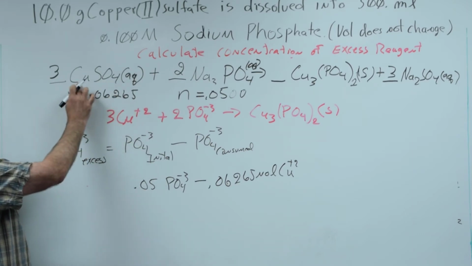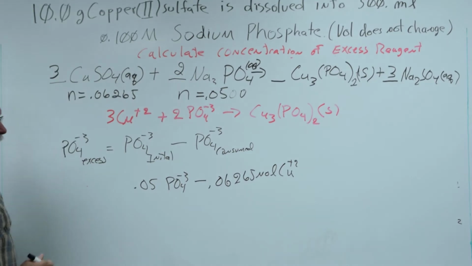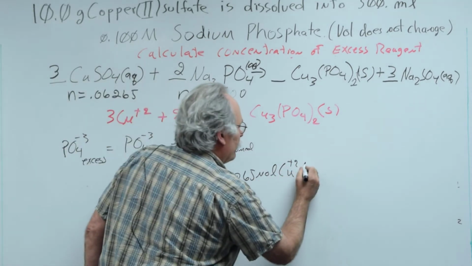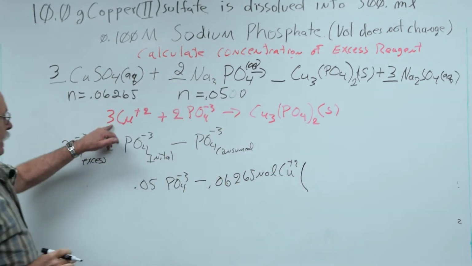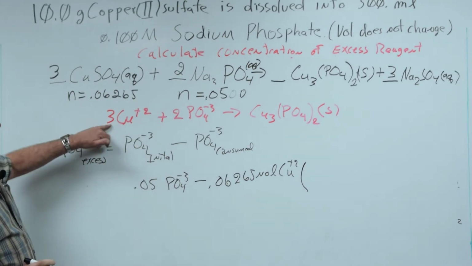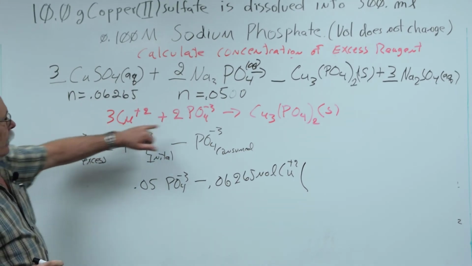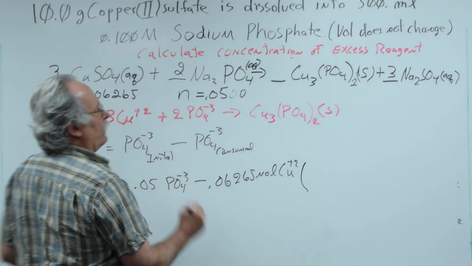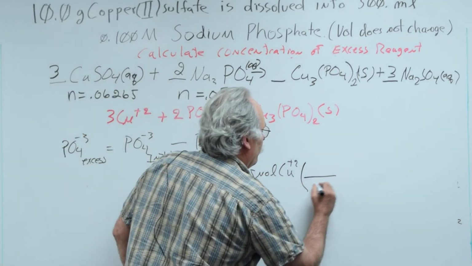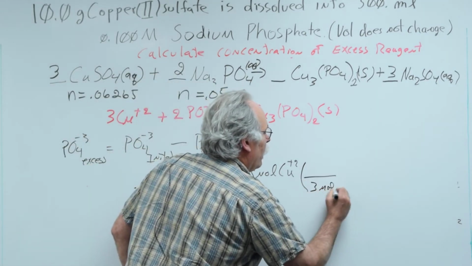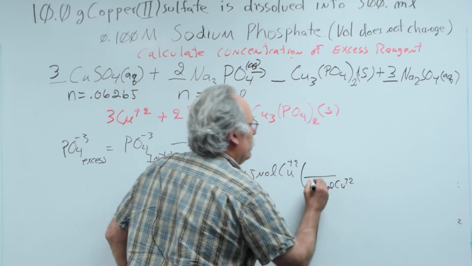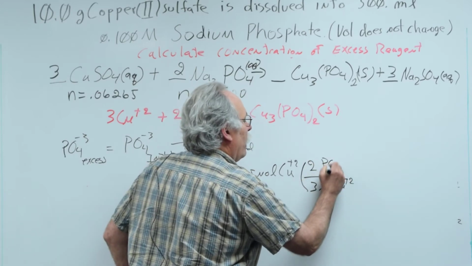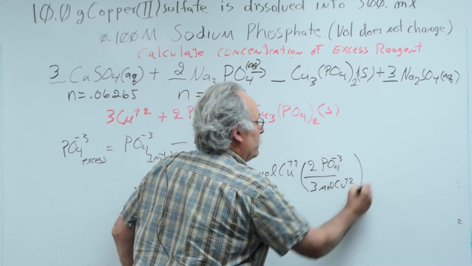So the copper concentration is the same as the salt's concentration. Now, from our stoichiometry, we note that we use 3 moles of copper for every 2 moles of phosphate. So that we have 3 moles of copper to 2 moles of phosphate.